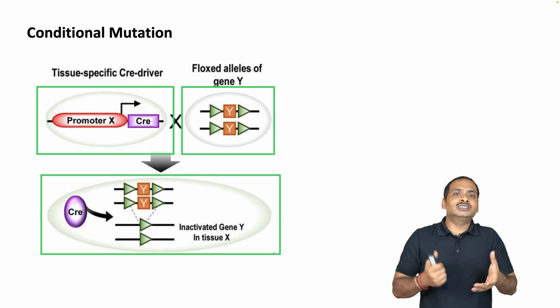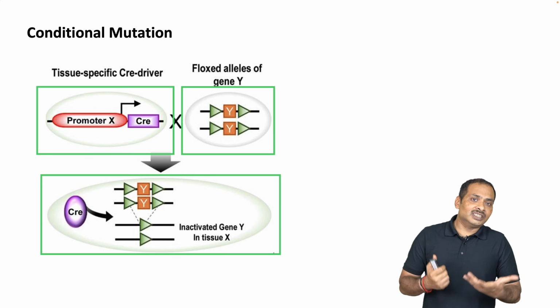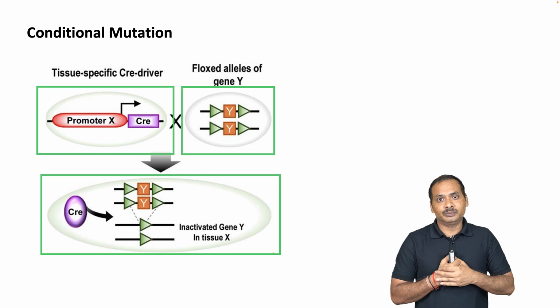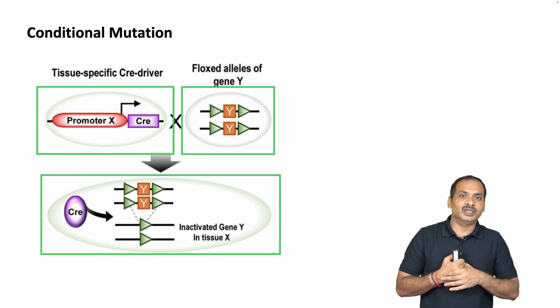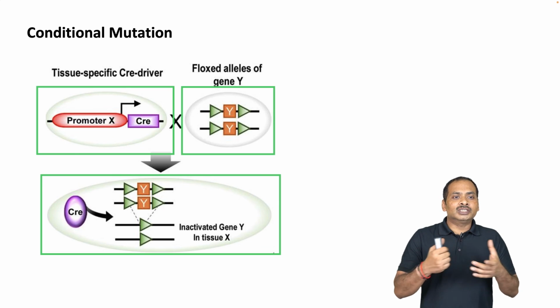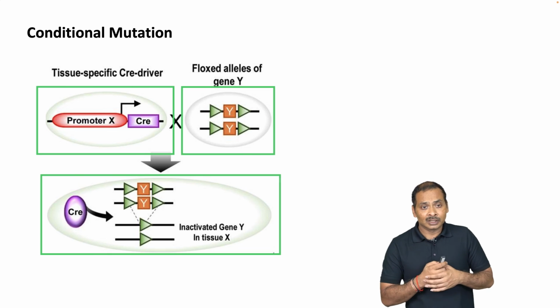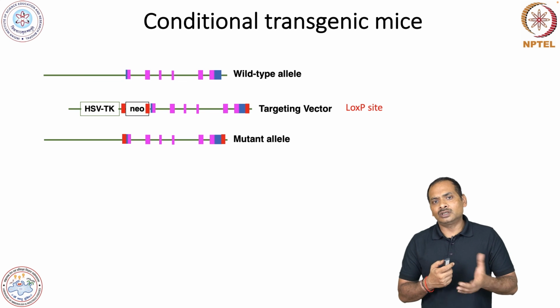And once this gene is deleted, then you can achieve the knockout in that particular cell type. You can do beautiful experiments using this kind of mice. So this is the concept for creation of conditional knockout mice. Eventually you will have this kind of thing, and then you will cross with Cre mice, and then you can create the conditional knockout mice.